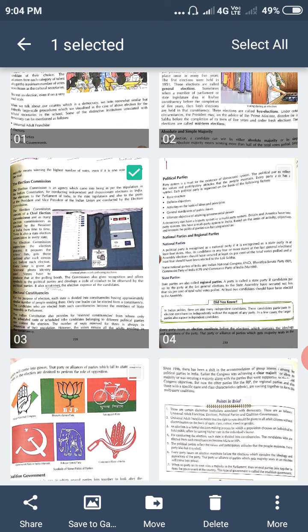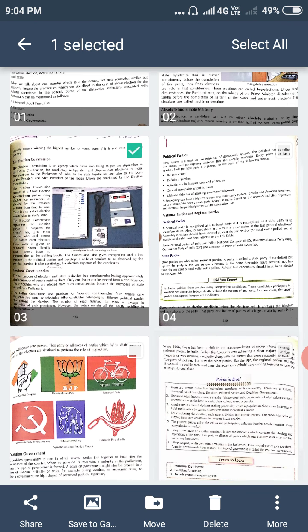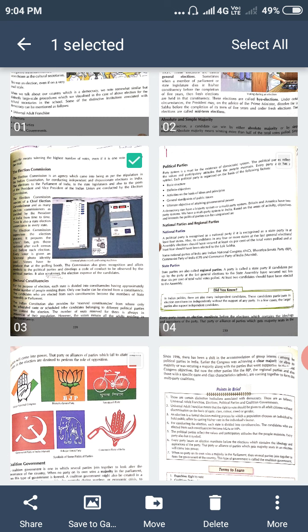Census means counting of population, which is done after every 10 years, or in Hindi you call it जनगणना, in which the whole population is counted. This is called census.